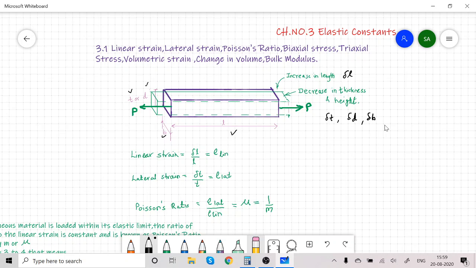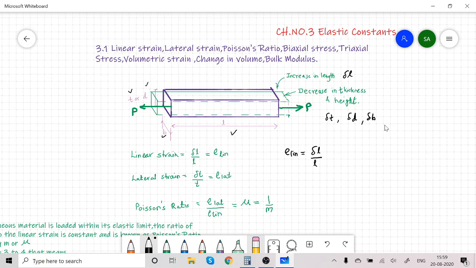Now the linear strain E linear is given as, along the length, the change in dimension divided by original dimension. So E linear is equal to change in length divided by original length.